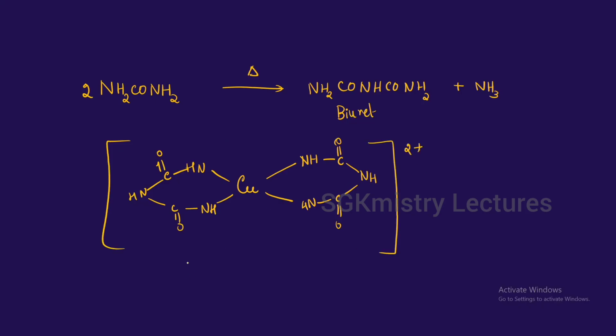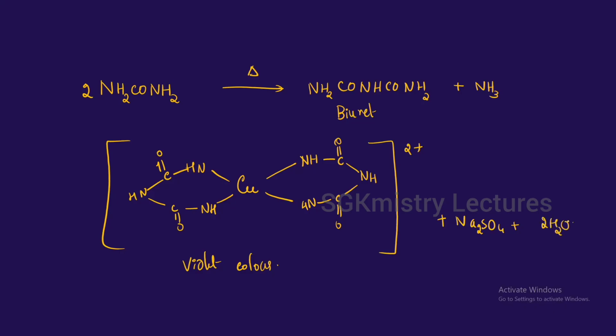This particular complex has a violet color. So this is with respect to the violet copper biuret complex. Along with that, you also get the byproducts, sodium sulfate as well as water.